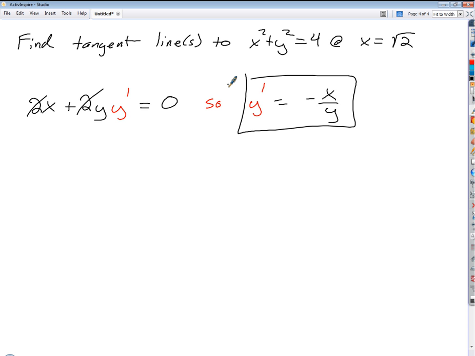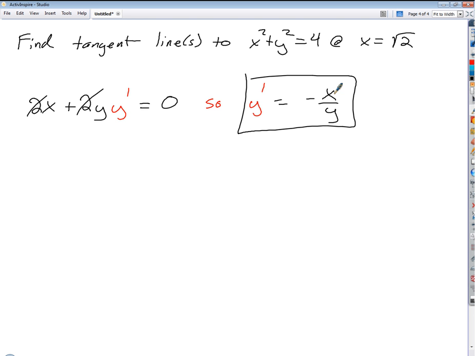Plug in the x value to find y, to get the y coordinate. Combine, that's our point of tangency. We differentiate and plug in the x value to find the derivative. Only this time, look what's going on. In our derivative, we have both an x and a y. That's okay. This isn't broken.